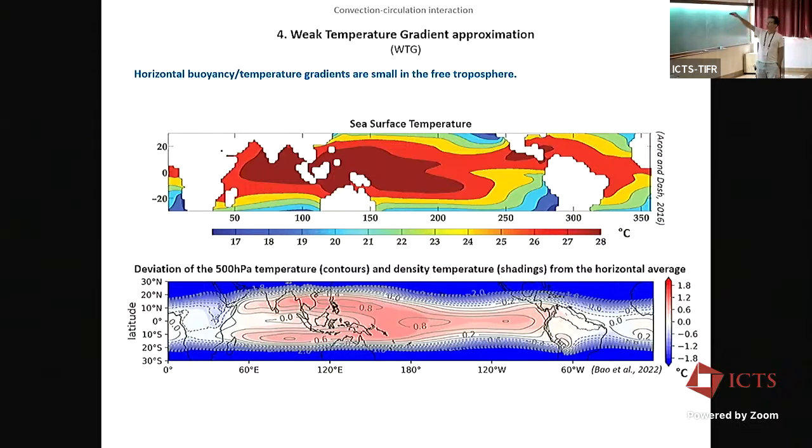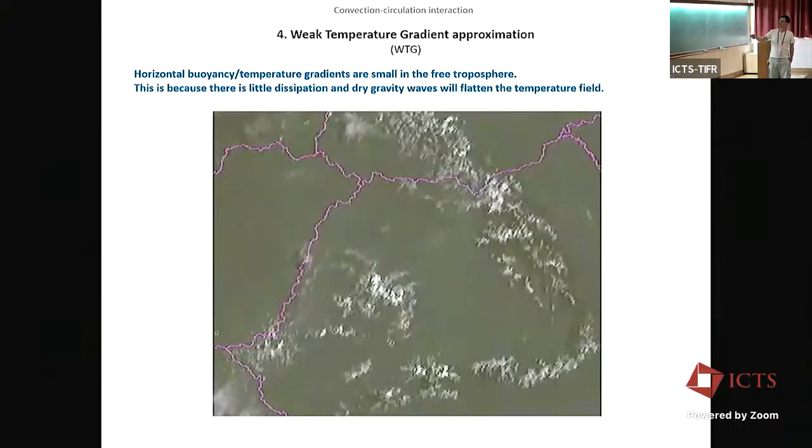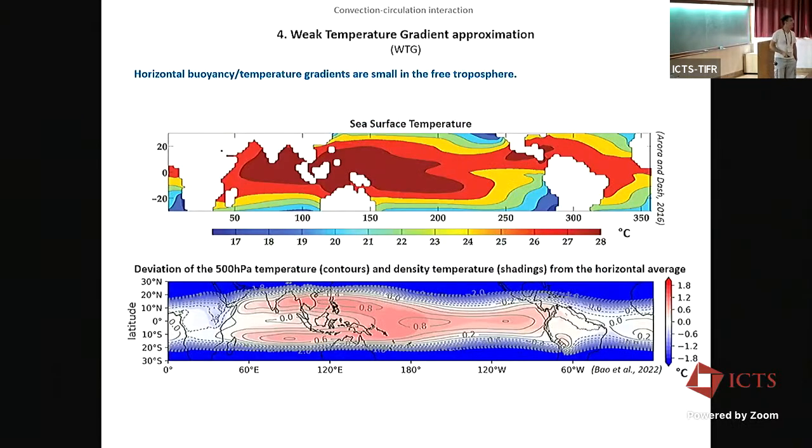And so you can see that between the warmest regions and the limit of the subtropics around 20, you've got like 6 degrees, right? And if you look at the same in the free troposphere, you have more like 2 degrees, maybe 3. So you're dividing at least by 2 or maybe by 3 the gradients that you have at the surface.